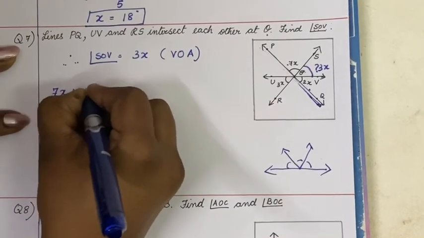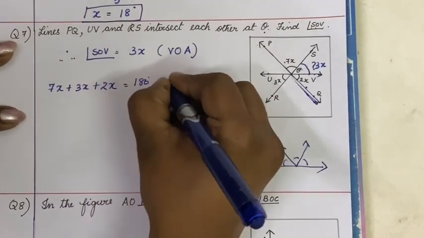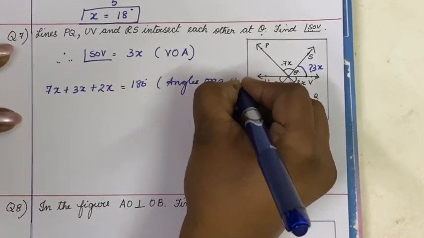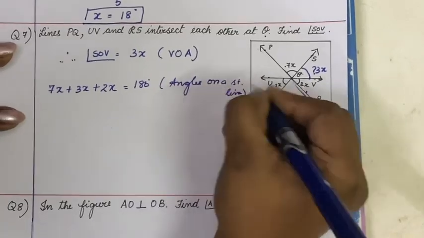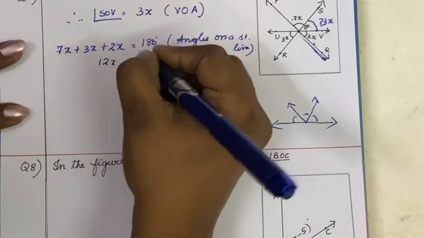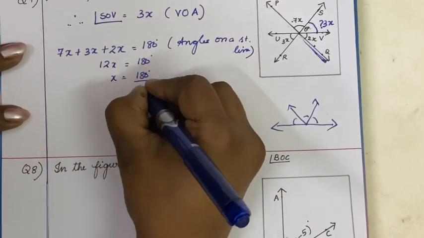7x plus 3x plus 2x is equal to 180 degrees, angles on a straight line. So 12x is equal to 180 degrees. x is equal to 180 degrees divided by 12.